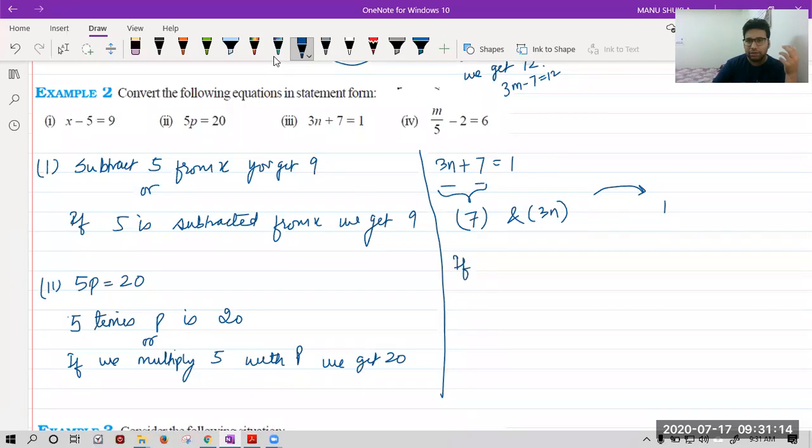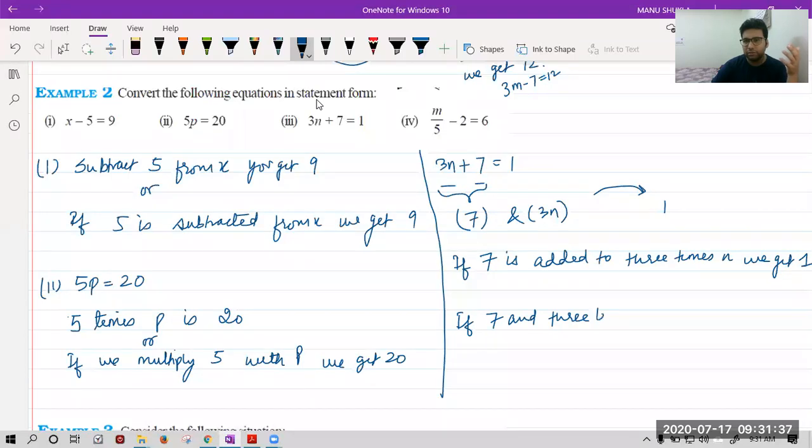If 7 is added to 3 times n, we get 1. It is the first way to write. Second way is, if 7 and 3 times n are added, we get 1.